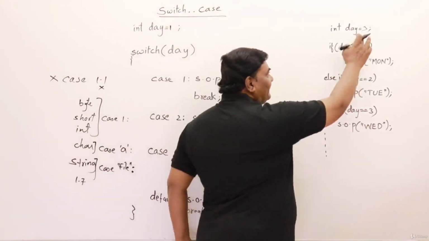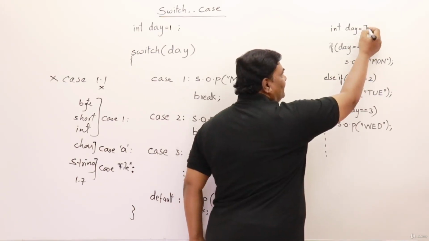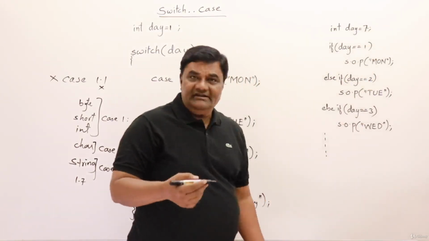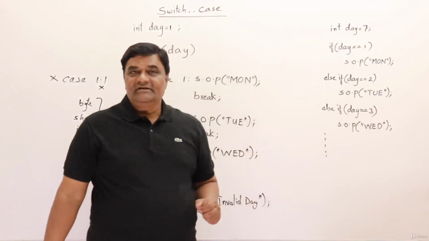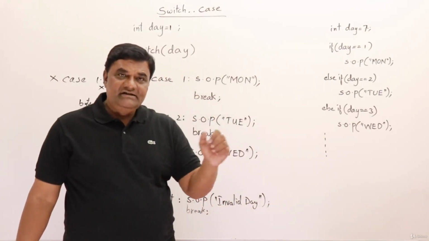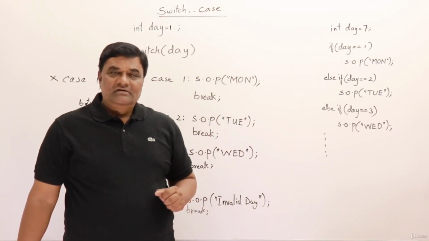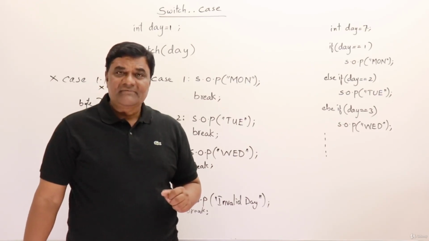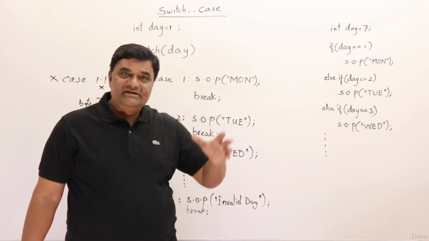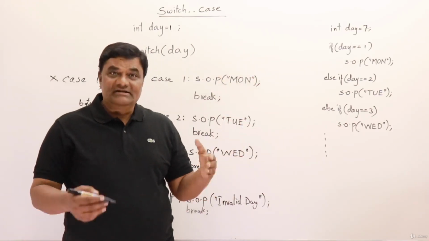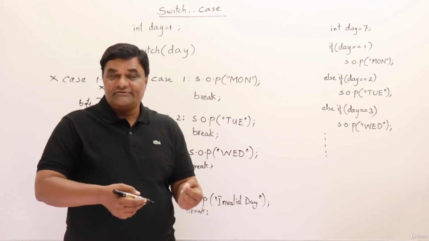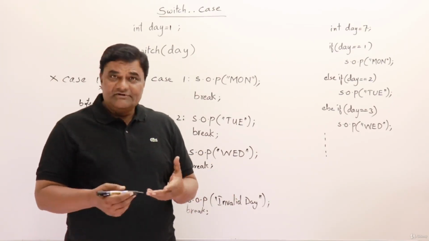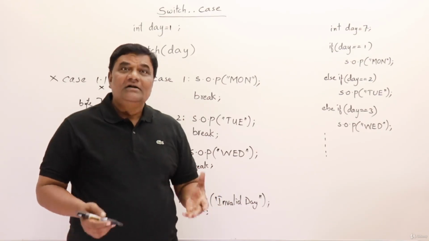If I write 7 there, like suppose 7th day is Sunday, then it will check all the conditions, then finally it will print 7, that is Sunday. So it means it will be checking total 7 conditions. Yes. So the time taken for checking 1 condition or the time taken for checking 7 conditions will be definitely more.